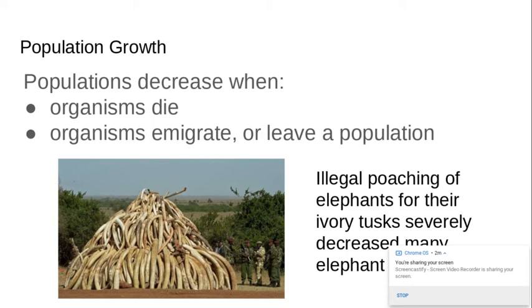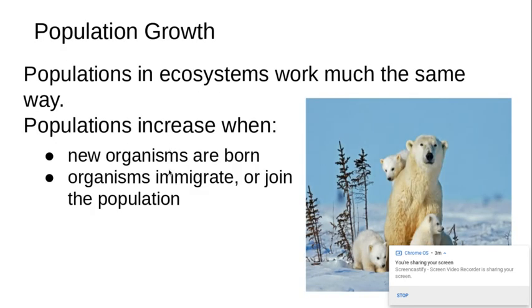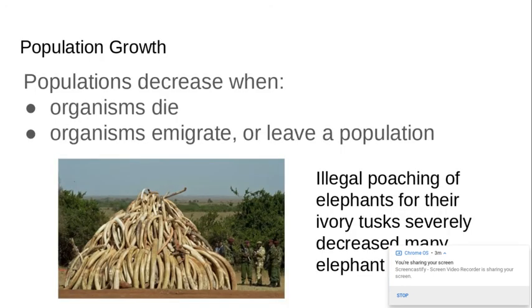These two words sound very similar, but emigrate means to leave a population. The word emigrate starts with an E, means to exit. Immigrate means to join, to be included. It starts with an I.